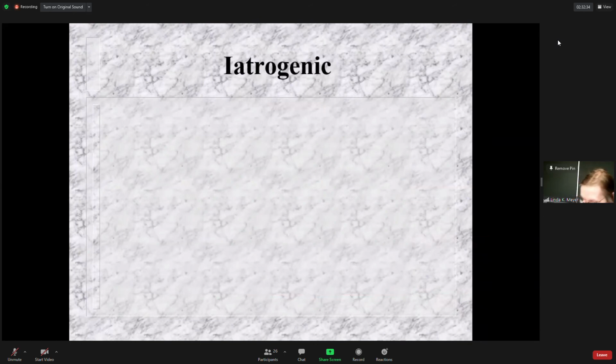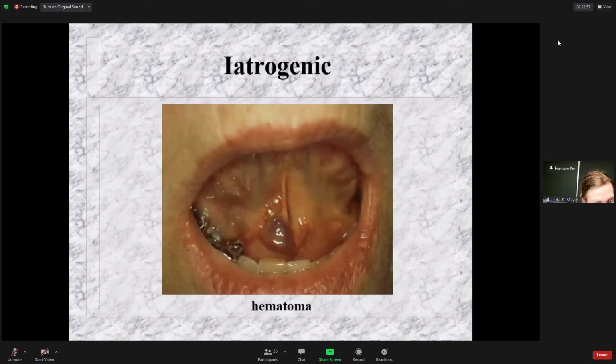Okay, getting to the end here, iatrogenic. These are diseases caused by health professionals while rendering health care. So let's say, here's an example of a real simple thing that a hygienist could do by just using a saliva ejector and having it on and having it suck up the delicate floor of the mouth tissue.